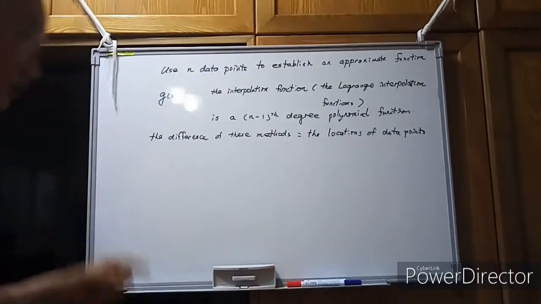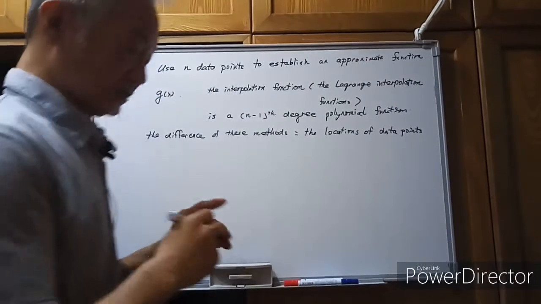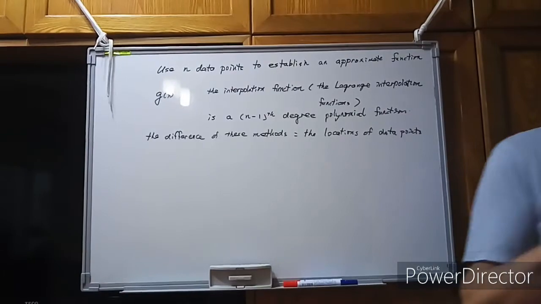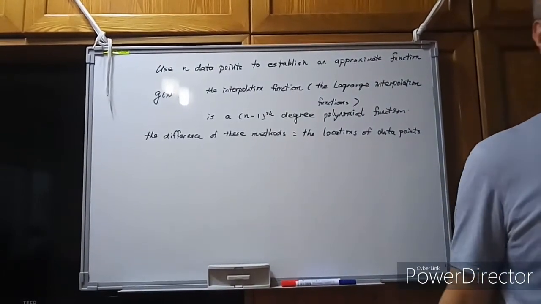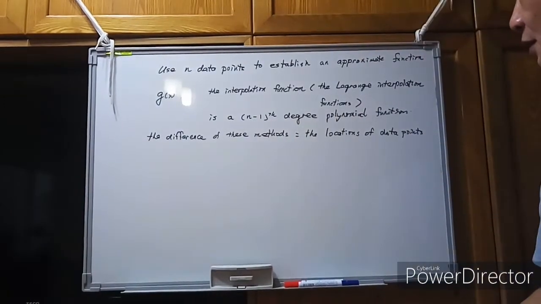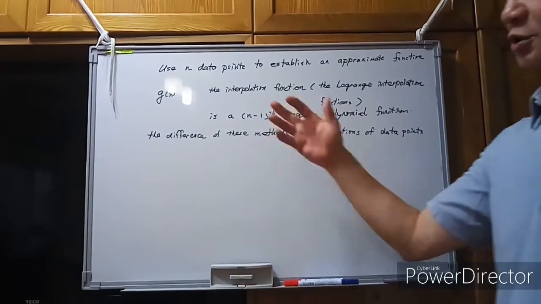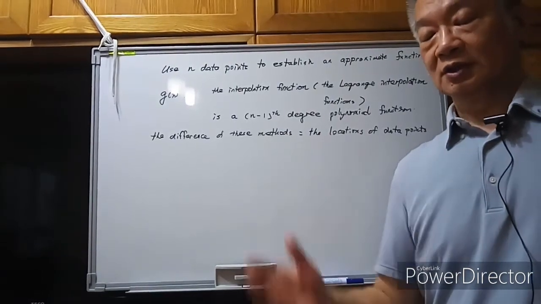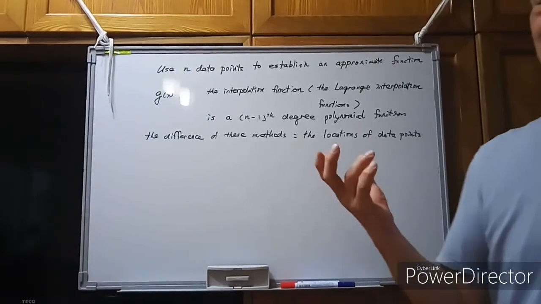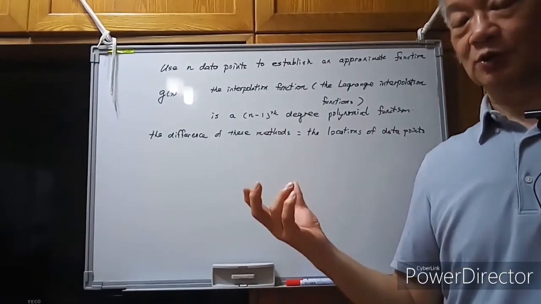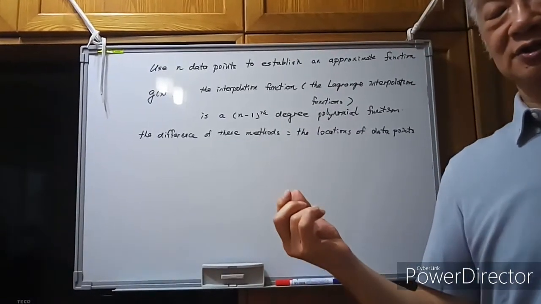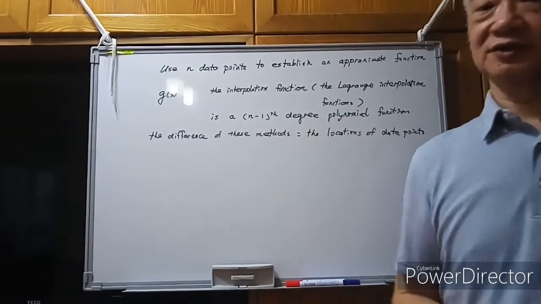We will use different locations for the data points. For Simpson's rule or the trapezoidal rule, the data points will always be located at the endpoints and equally divided interval positions.